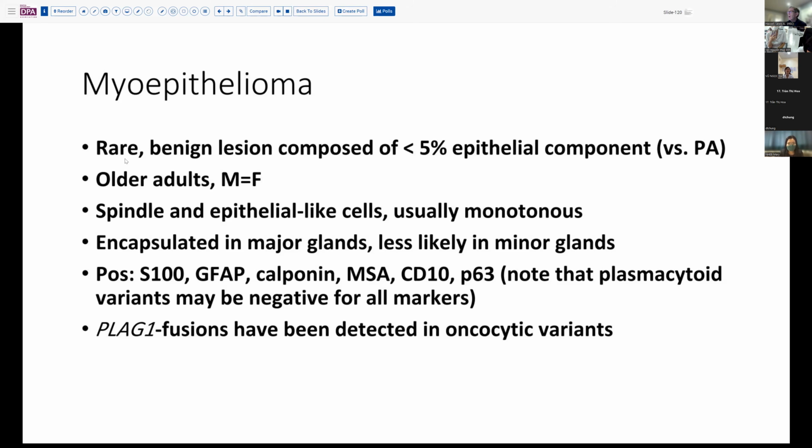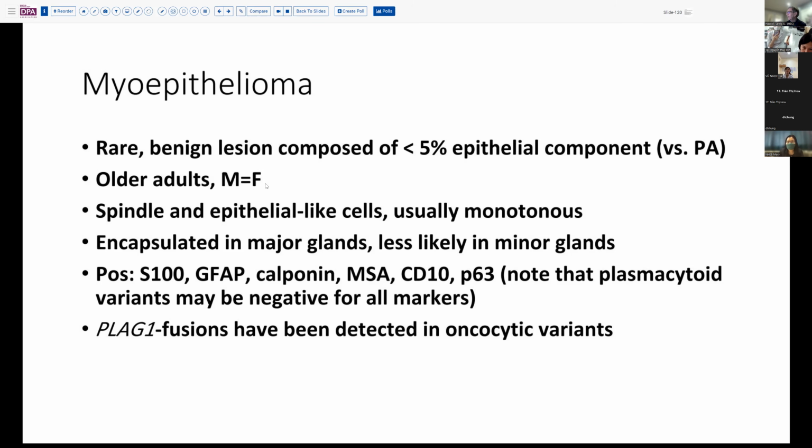But these are relatively uncommon as a pure entity. Certainly, we see myoepithelial cells in association with several other entities. But by definition, this benign lesion should have less than 5% epithelial component. More than that, and you would put it into the pleomorphic adenoma category.